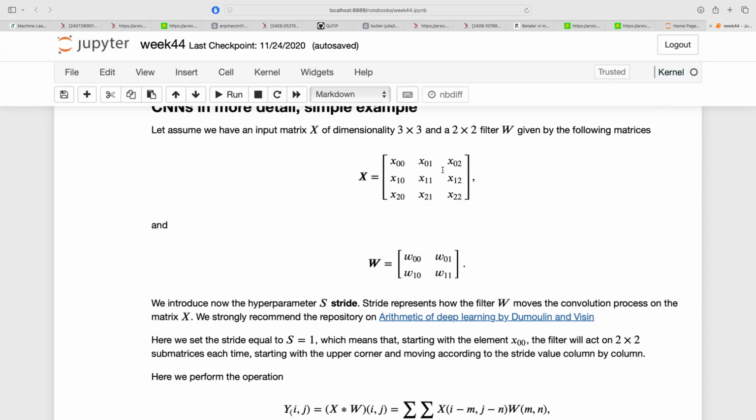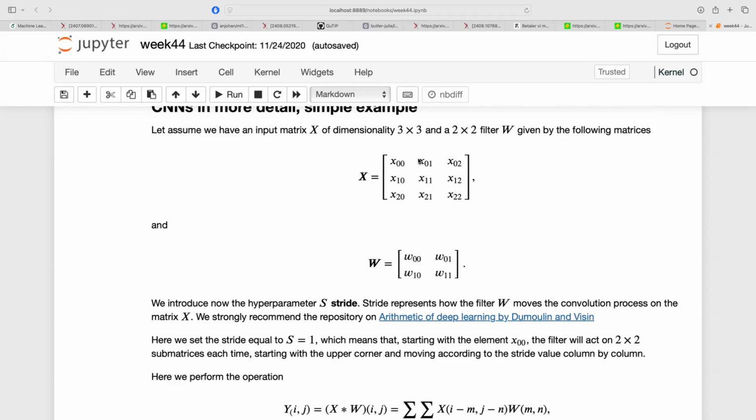And for this particular case, I cannot have a stride equal to 2, because if I were to jump over this column and place myself here, I would only have 2 elements, and I could not multiply a 2 by 1 matrix with a 2 by 2 matrix. That's not possible, right? So in this specific case, I can only go one column at a time. I take these 2 here, and then I move in here.